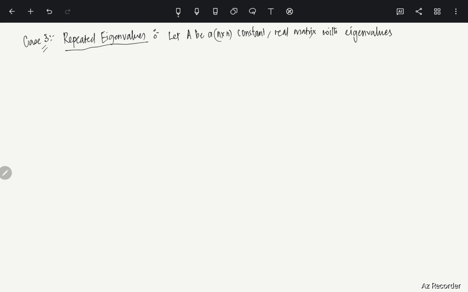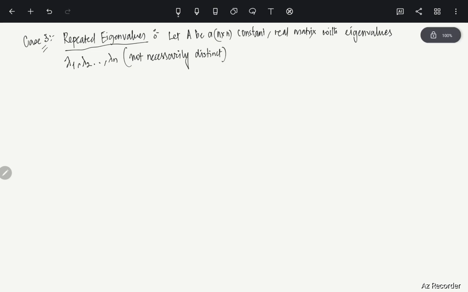What are the eigenvalues here? Lambda 1, lambda 2, lambda n. The important thing is this: these are not necessarily distinct. So basically they may all be the same, or at least 2 or 3 of them may be the same. So basically they are not distinct, that's all.